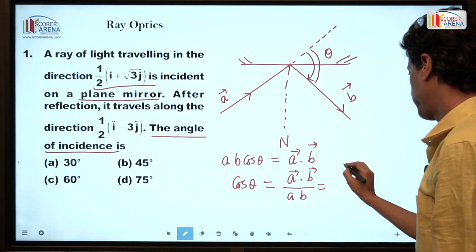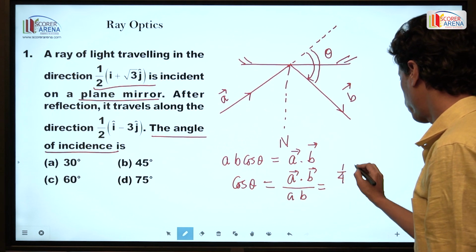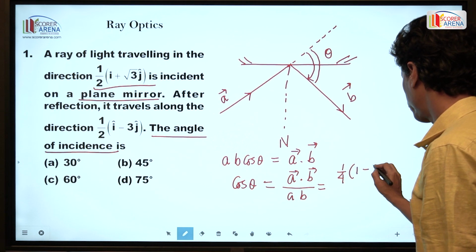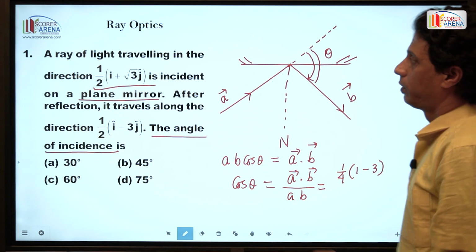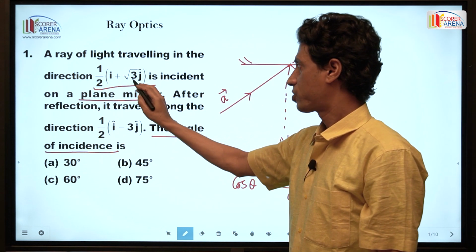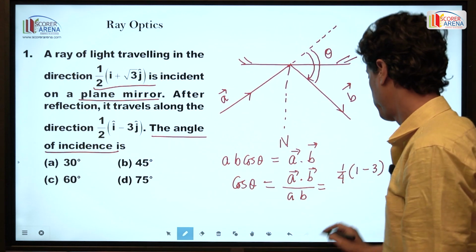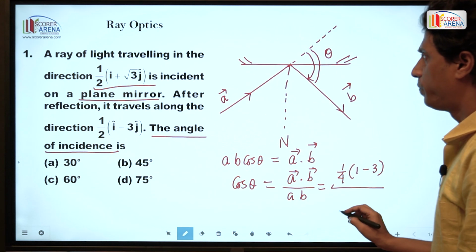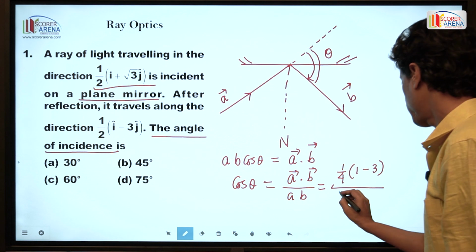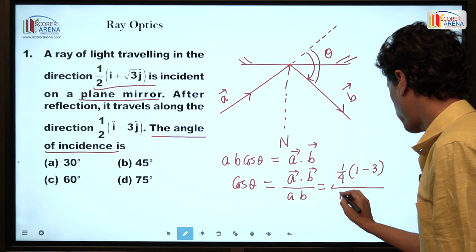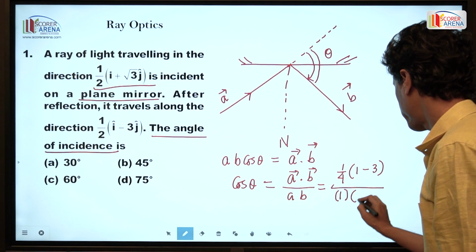So a dot b by a into b, dot product, it is 1 by 4, 1 minus 3, of i cap plus root 3 j cap, i cap minus root 3 j cap, and magnitude of this, magnitude of a vector is 1 and magnitude of b vector is 1.